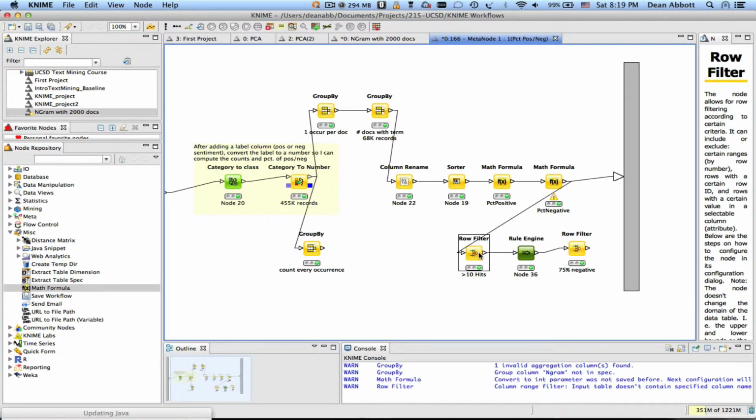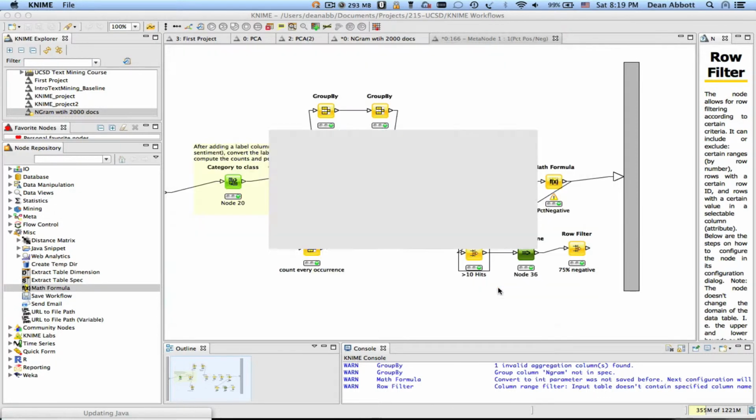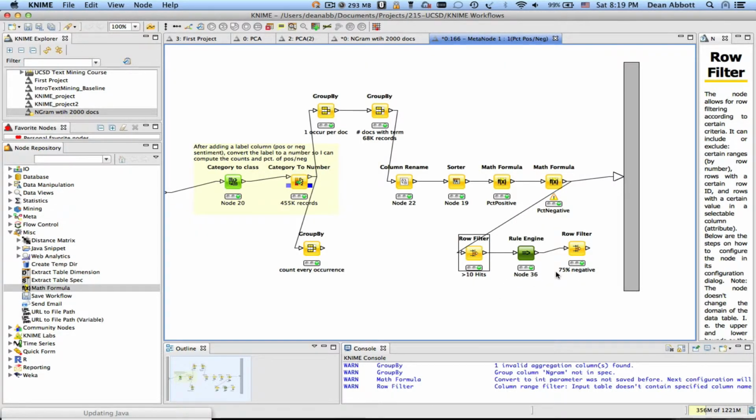Once again, to get that, I use the row filter node, and in the row filter node, I'm excluding rows based upon the value of total hits between 0 and 41. I could have said include from 41 to 2000, and that would have worked just as well. So that's the idea here.